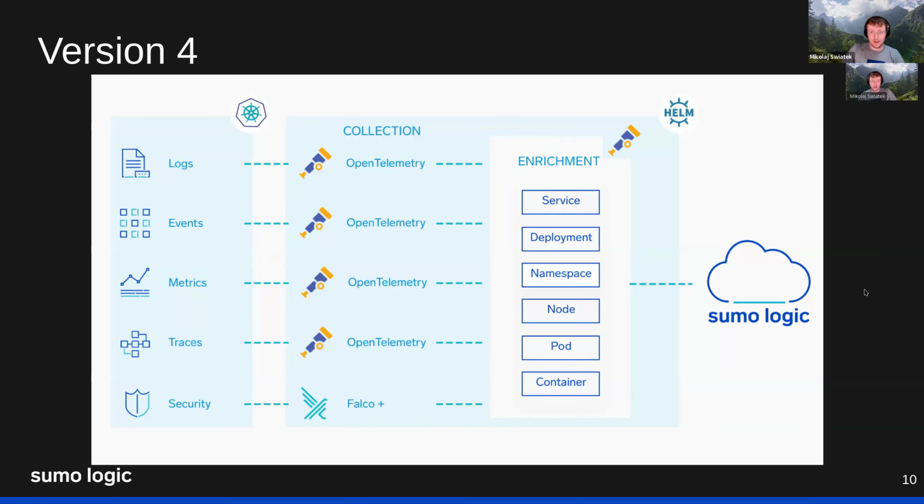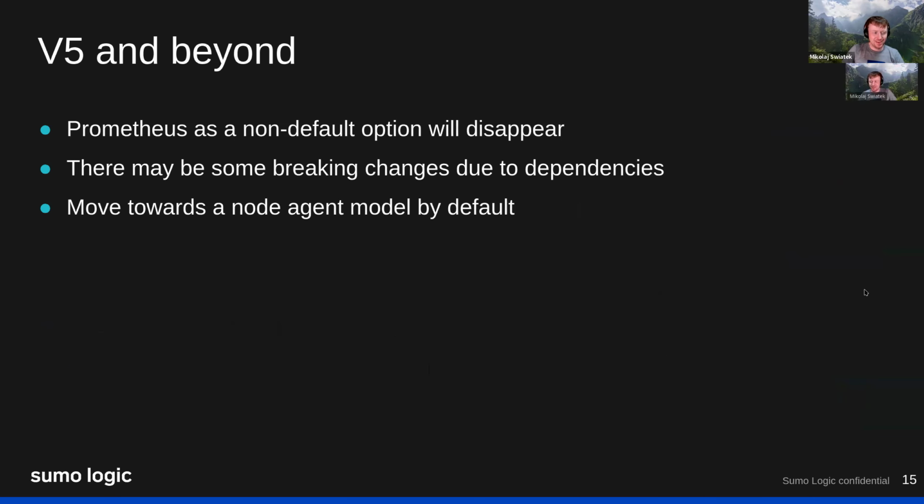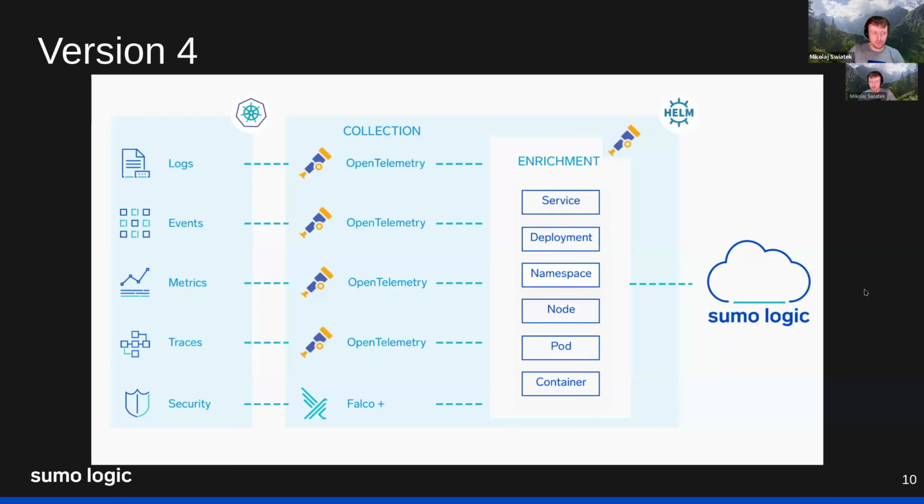And the answer is yes, we can, but we don't want to make too many changes in a single release. So something that we'll probably be heading towards is what I call a node agent model here, by which I mean that this enrichment layer might disappear optionally. It will be something that you can enable optionally if you want to.